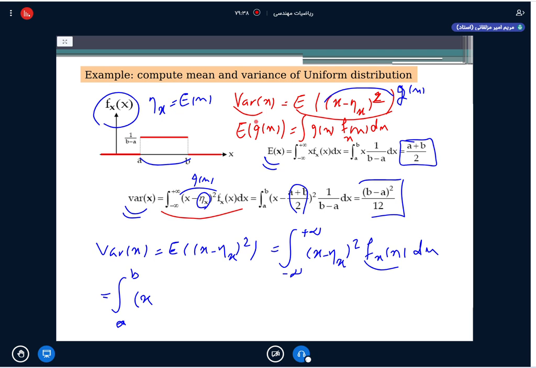What's eta x? Eta x is the expectation of x, and in the previous part of this example, we computed it as (a plus b) divided by 2. So we have this. What's the value of f(x) in this interval between a and b? In this interval, the value of f(x) is constant and it's equal to this.